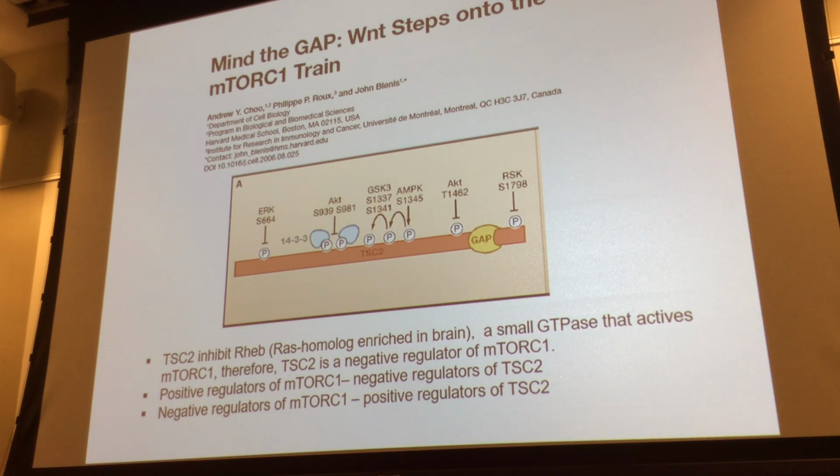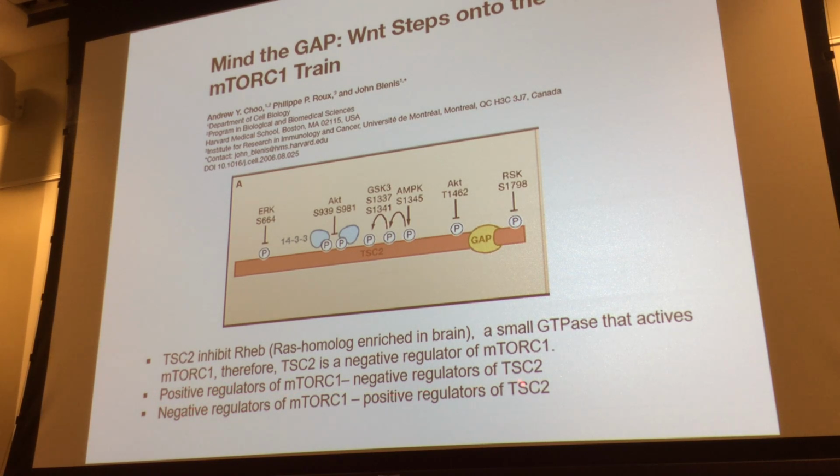Exactly, right? Of course this is straightforward, but by the way, there's a lot of pharmacology here. For example, a lot of AMPK inhibitors have been used. So if you apply an AMPK inhibitor, the mTOR signal will be up. Okay, good.